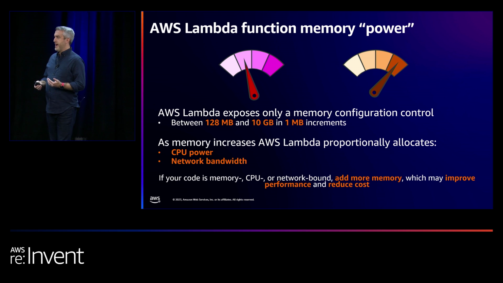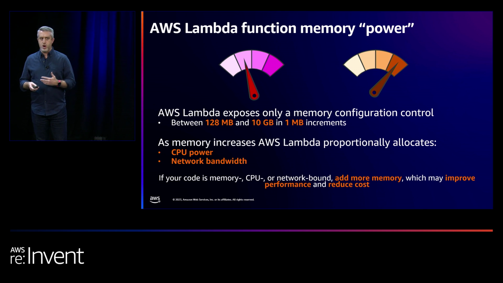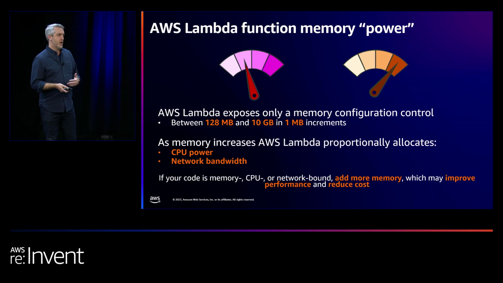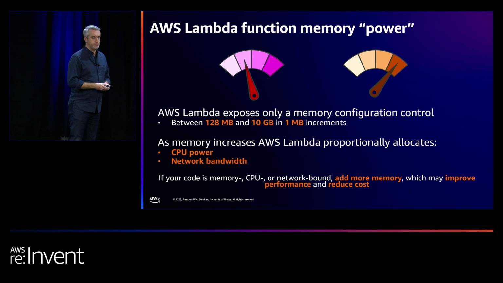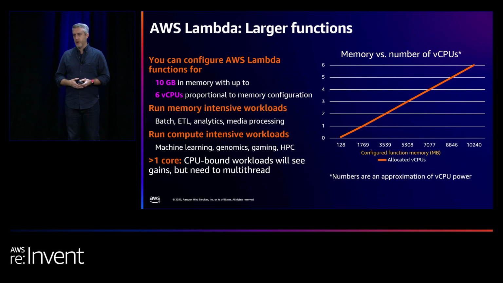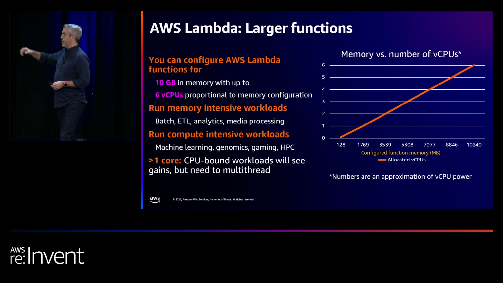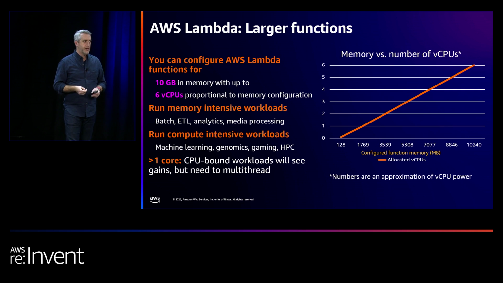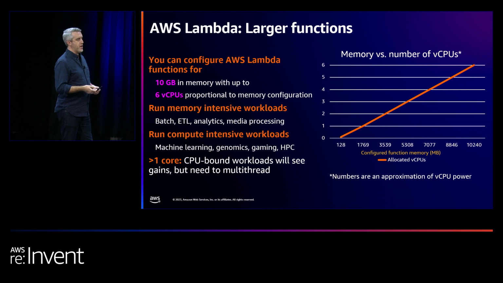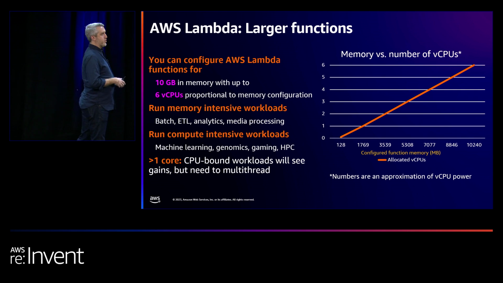Customers often ask, when they are performance bound, how do I get more access to CPU? And that is the primary way that you do it. This is an example here. This diagram is not entirely accurate. It doesn't completely go linearly as you scale. There are some stepping actions to it. But essentially, as you increase the amount of memory, you then, of course, get that proportional amount of CPU.